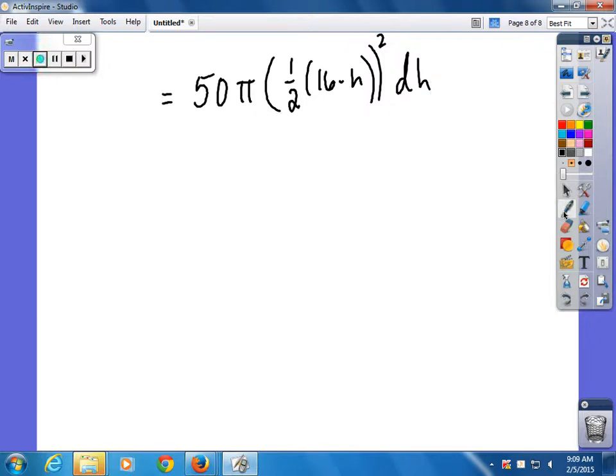What is it? It's 8 to what? 16? Take off my handy dandy equal sign. And I like x's, so I'm just going to change this to x. Just personal preference.